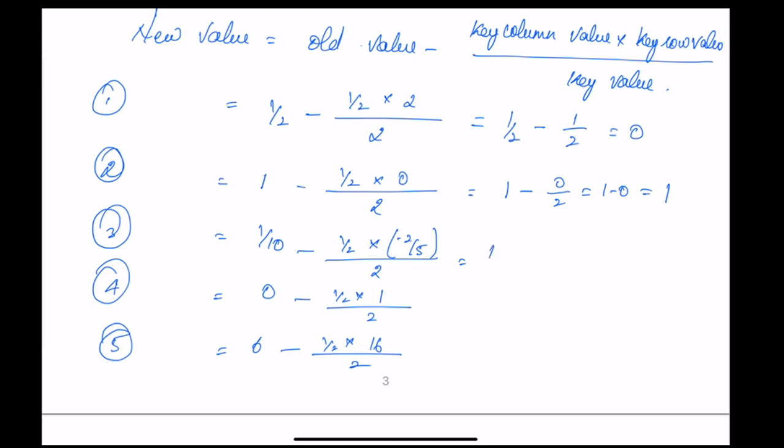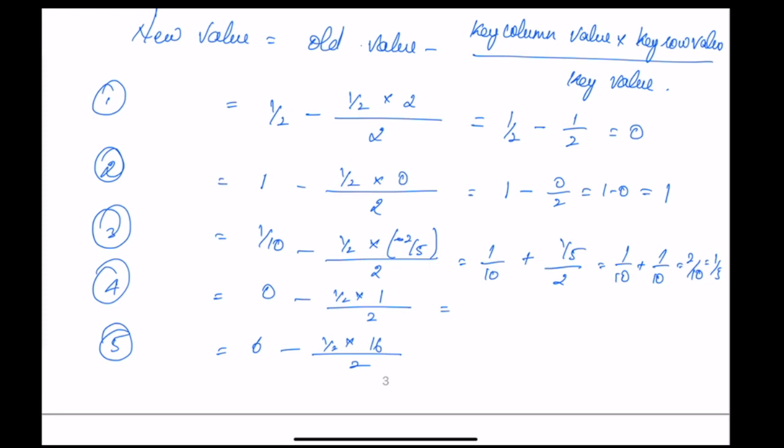And next 1 by 10. Here we have minus into minus, plus, and this 2 and this 2 will get cancelled. We have 1 by 5 divided by 2, which is 1 by 10, plus 1 by 10, which is equal to 2 by 10. 2 by 10 can also be written as 1 by 5.